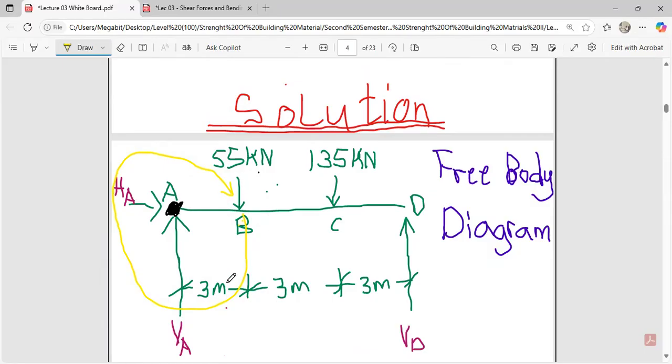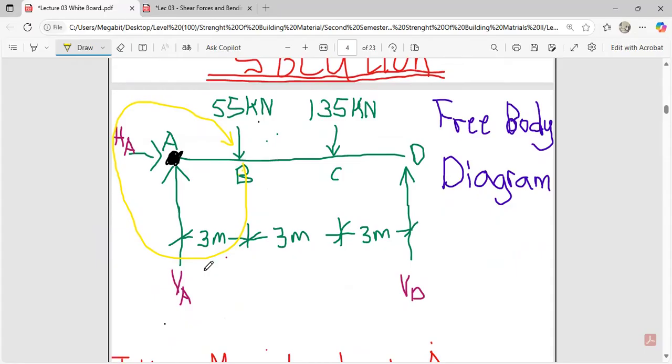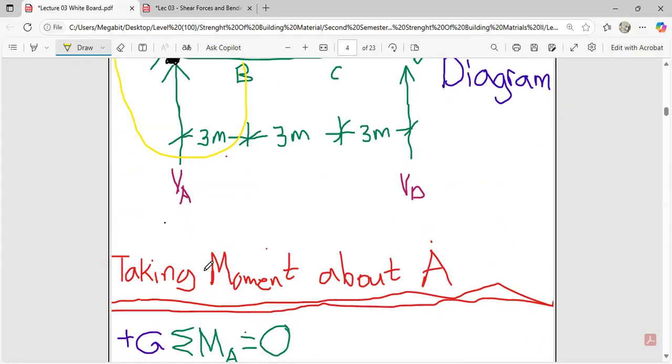It is going to be a clockwise moment. And we know that a clockwise moment is what? Negative. So it's going to be 55 kilonewton times 3 meters, and represent it with a negative sign. So it is negative 55 times 3 meters, not 3 meters times 55. Or we say force times perpendicular distance is equal to moment.